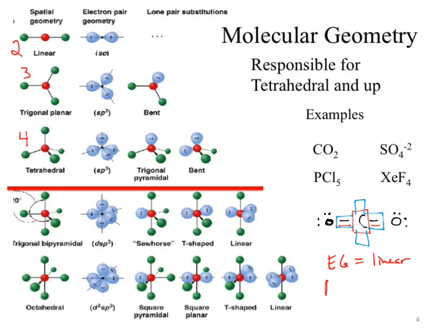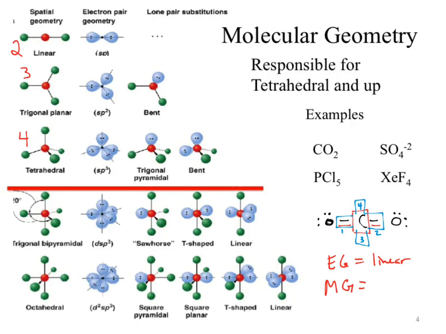As Nick was alluding to, we also have molecular geometry, which we'll call MG. In molecular geometry, we're now going to distinguish between non-bonding pairs of electrons and bonding pairs of electrons. So when we go back and now look at our regions, let's go ahead and number them: 1, 2, 3, and 4.